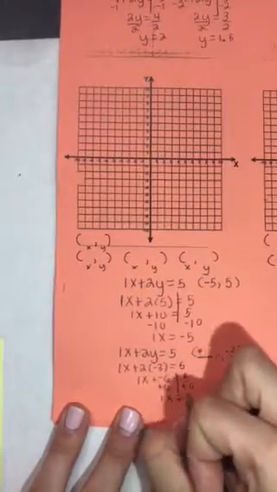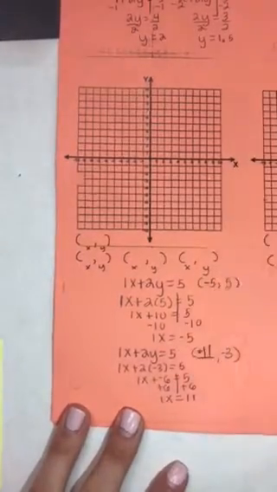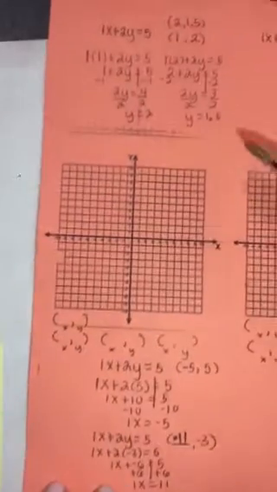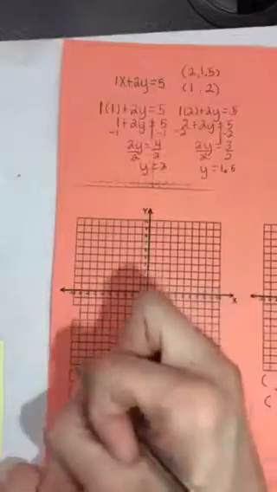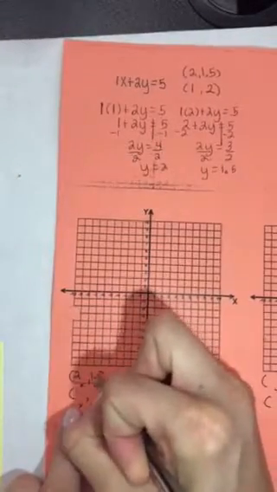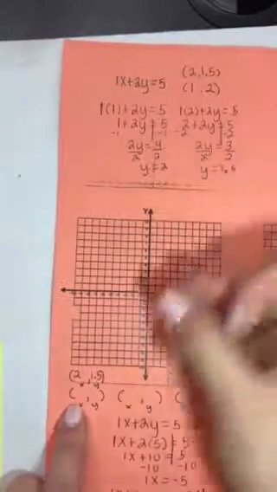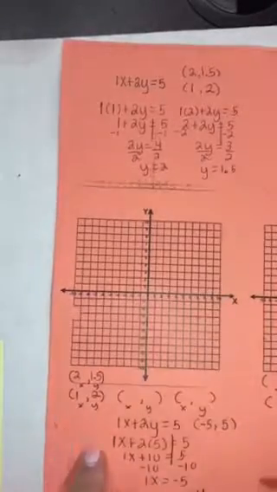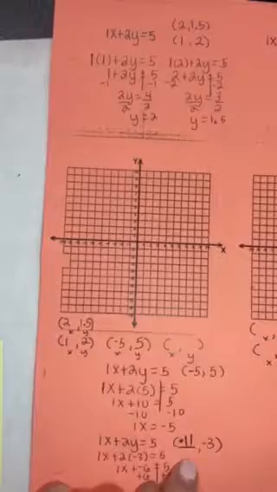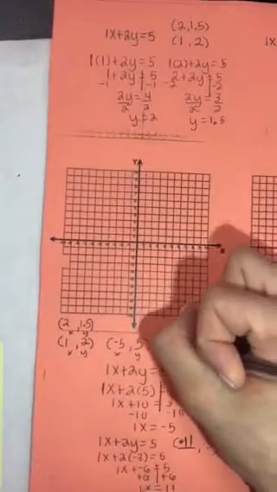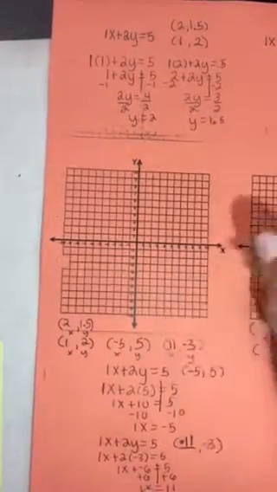I get 1x equals 11. So (11, -3). I have found 4 points, and I'm going to put them right here: (2, 1.5), (1, 2), (-5, 5), and (11, -3).